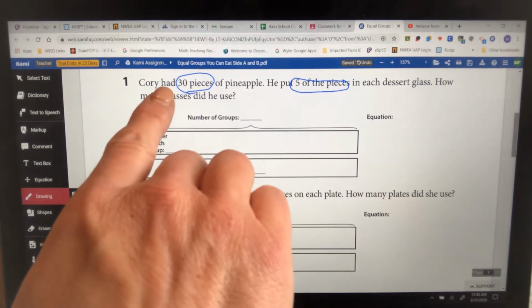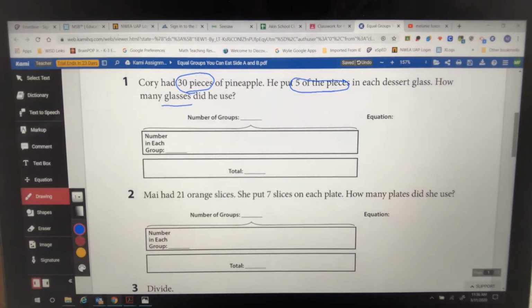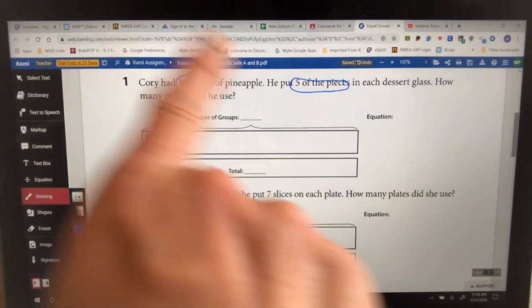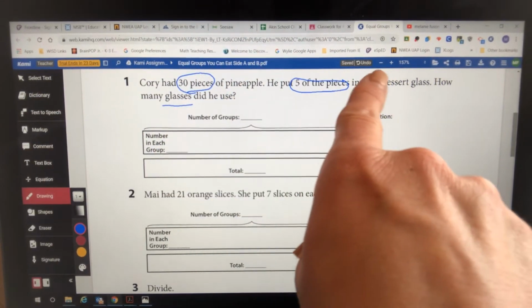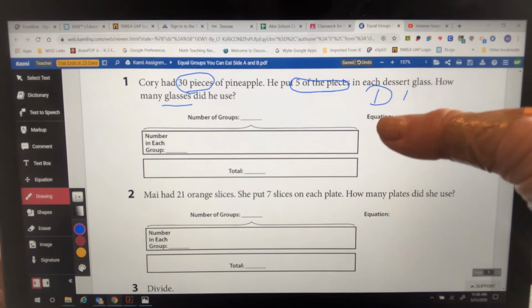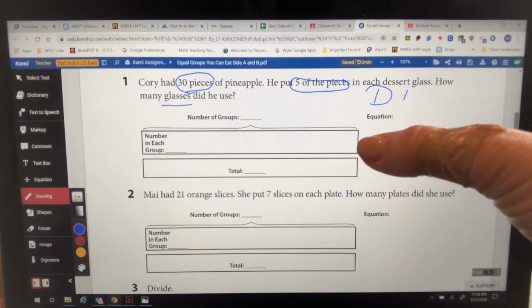And I want to know how many glasses did he use. So I've got pieces in, I'm looking for glasses, which is an automatic D1, like we talked about yesterday.